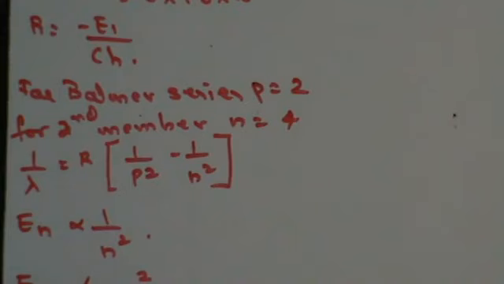Therefore lambda is 4862 Angstrom units, and the energy in the third orbit is minus 1.511 electron volts.